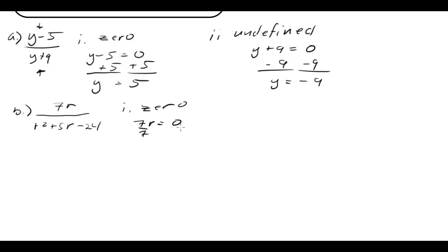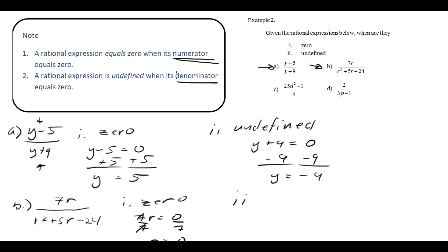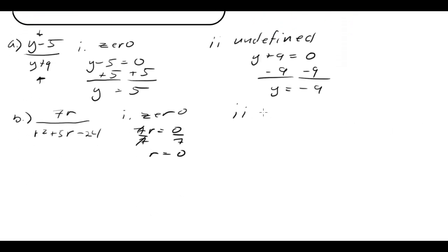Divide both sides by 7, and 0 divided by 7 is 0. And this, of course, is 1, so that went away. Second one is, when is it undefined? Well, it's undefined when the denominator is 0. So we set the denominator equal to 0 to find out when this rational expression is undefined.